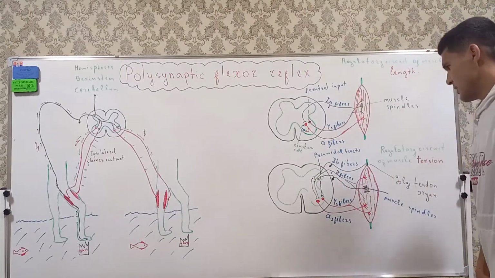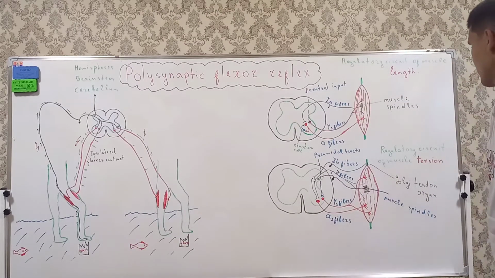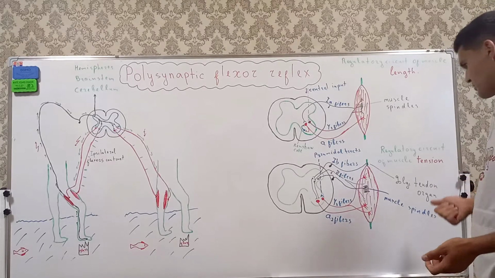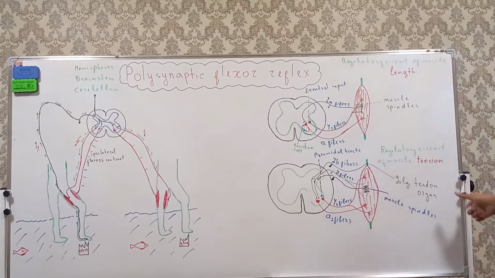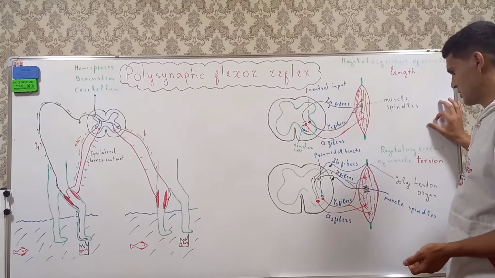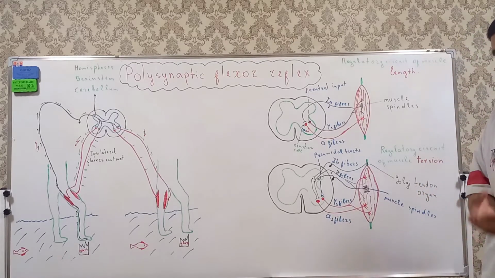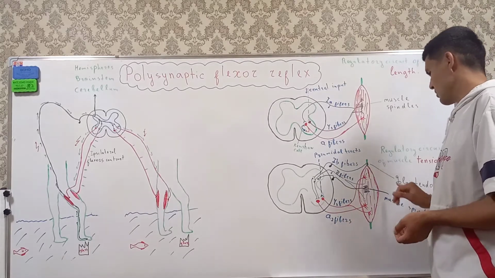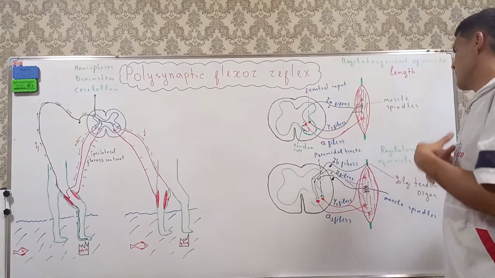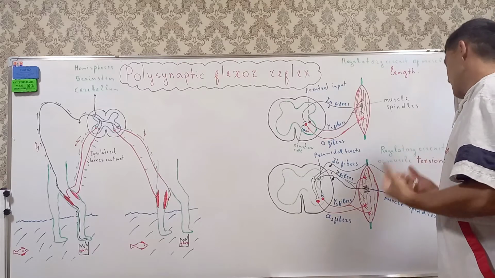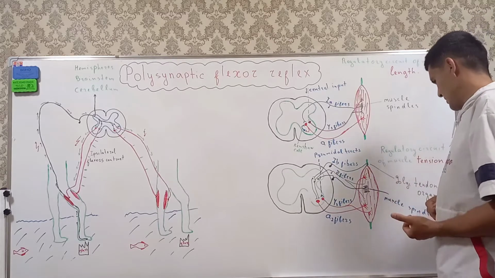Next information is about the regulative circuits of muscle tension, and it's a little bit more difficult than this illustration. Listen carefully. Golgi tendon organ, you have heard about that. The Golgi tendon organ is responsible for detecting and analyzing the tension of the muscle.